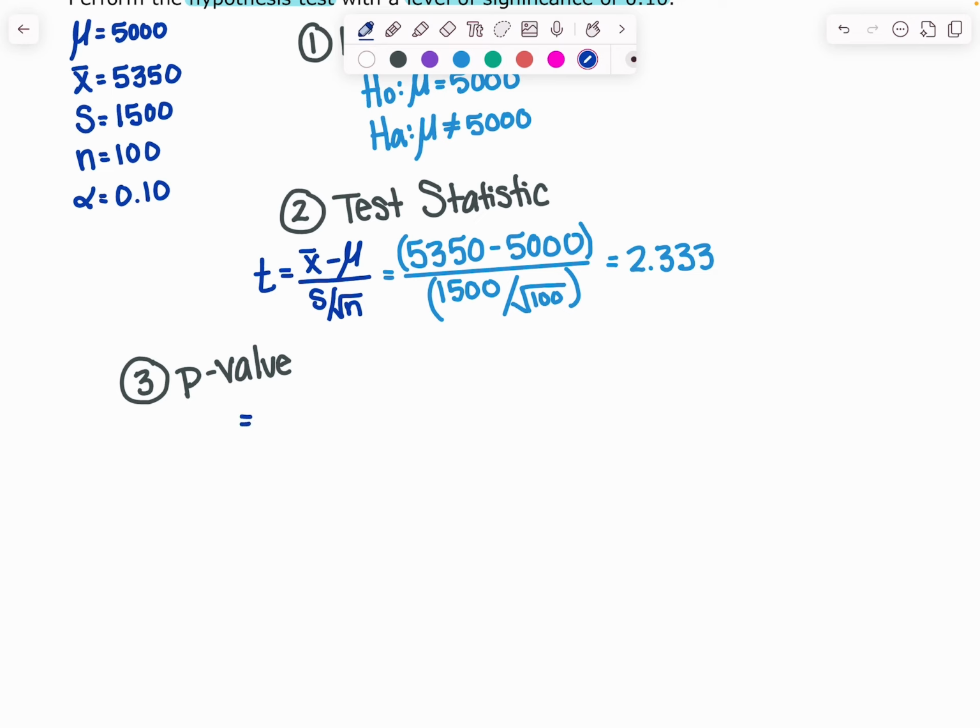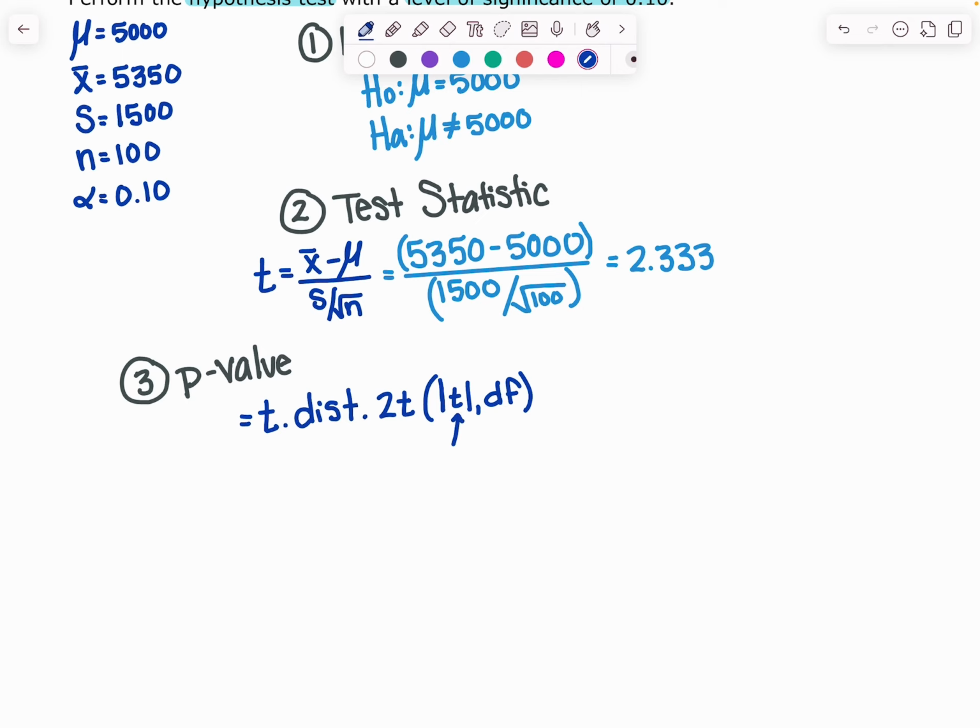So equals t.dist.2t, and you always want to plug in the positive t-score. So what I'm going to do is write it like this, and then I'll explain this in a second. And then the degrees of freedom, which I'll remind you what that means in a second.